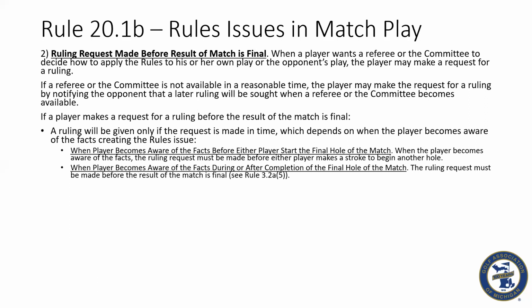When the player becomes aware of the facts during or after the completion of the final hole, the ruling request must be made before the result of the match is final.